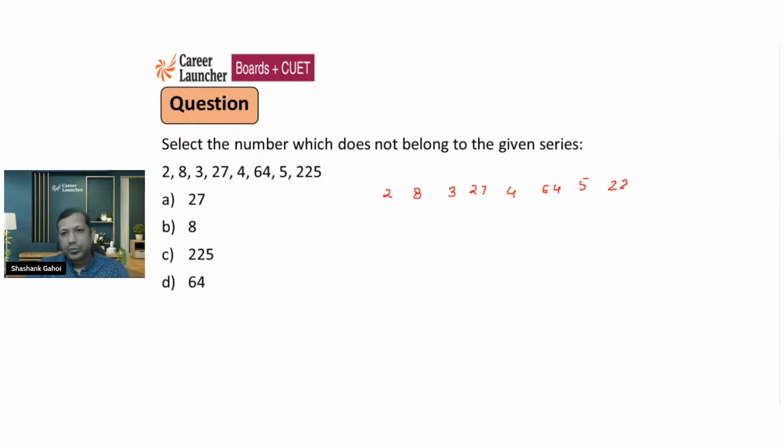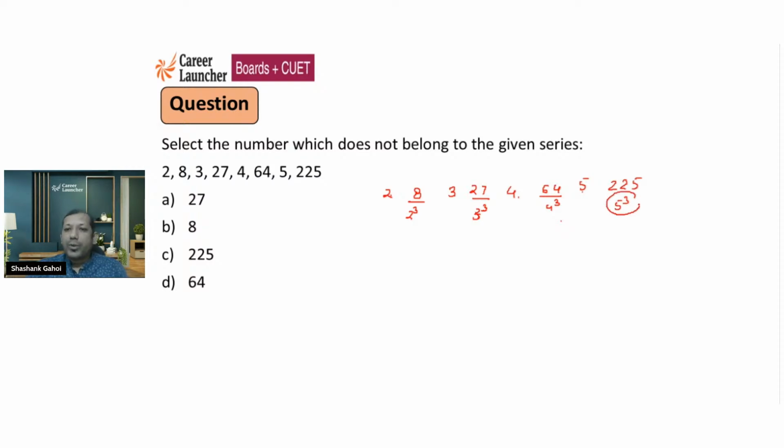225. Okay. Now, if you look very closely, when I look at these numbers, the first thing that comes to my head is cubes. This is 2 cube, this is 3 cube, this is 4 cube. So the first number is 2, then 2 cube, then the second number is 3, then 3 cube, then the next number is 4, then 4 cube, then the next number is 5, so next should be 5 cube.